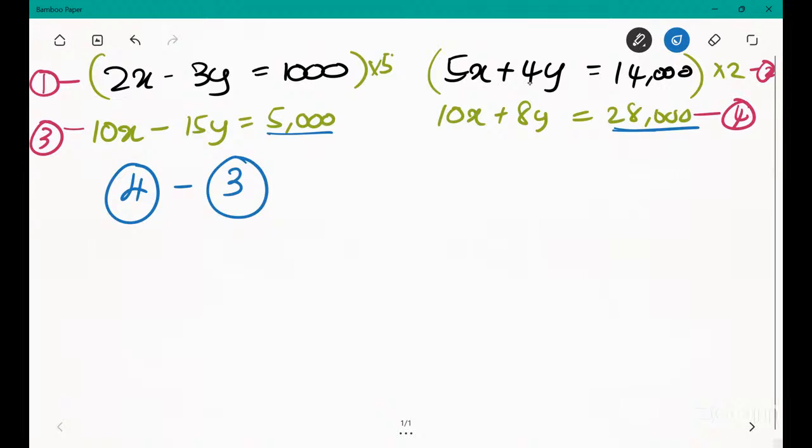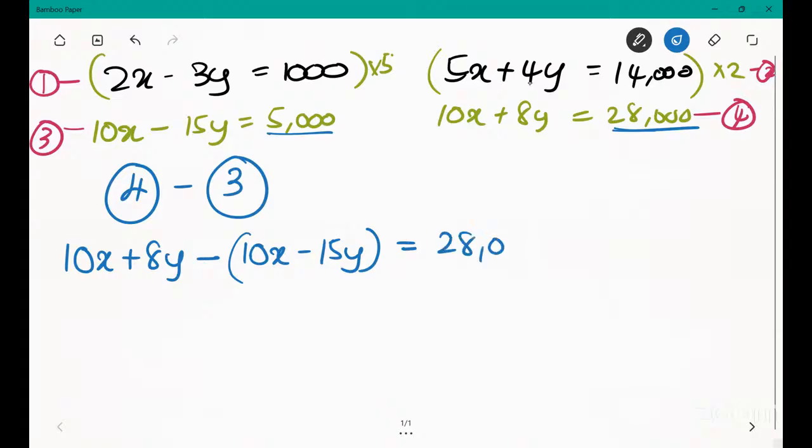Now I'm going to write 10x plus 8y minus the second equation, so minus 10x minus 15y is equals to 28,000 minus 5,000.